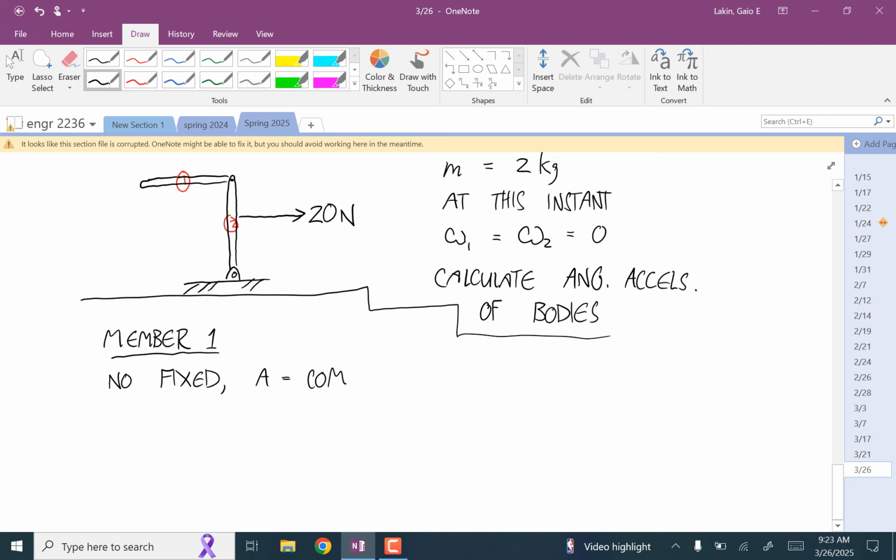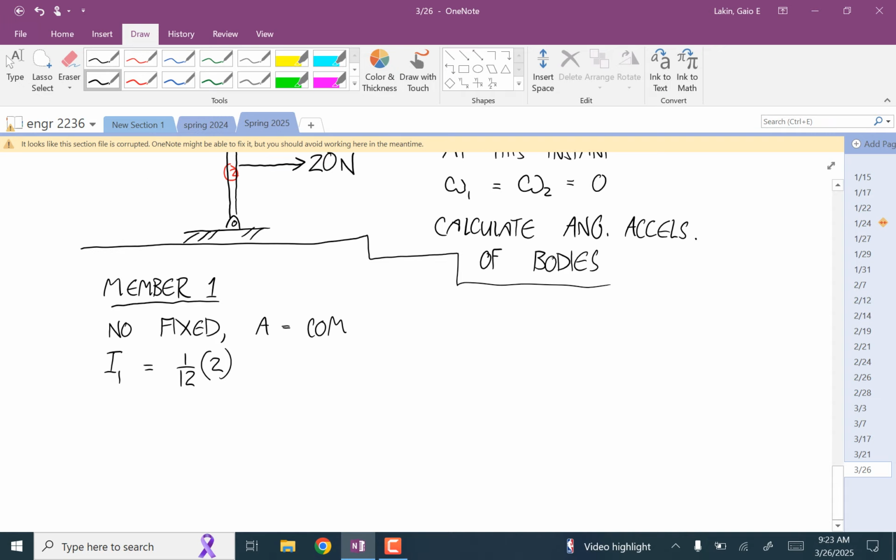And so now we can calculate the moment of inertia. So the moment of inertia for body 1 is equal to 1/12 times the mass times the length squared. And that is 1/24.